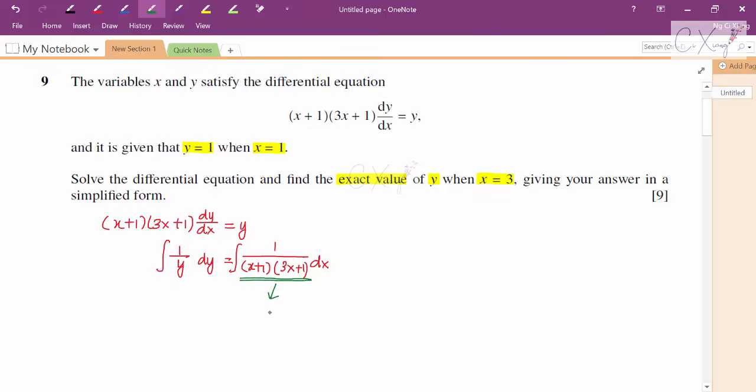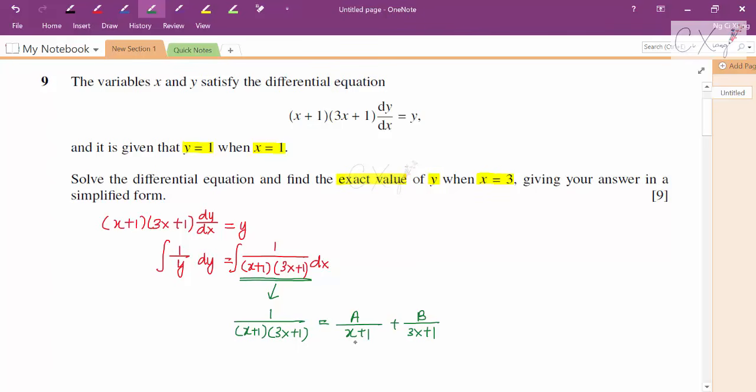I'm having 1 over x plus 1 and also 3x plus 1. Generally, I can rephrase them to become a over x plus 1 and also b over 3x plus 1. This is because we are having very basic linear factors.